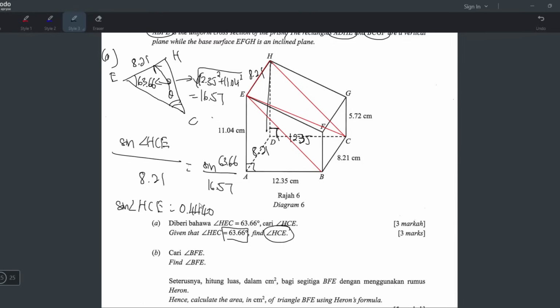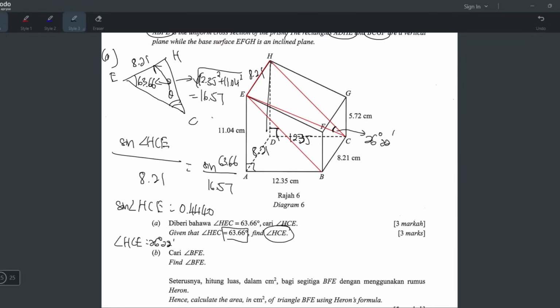But I usually write in degree minute. For angle, I write degree minute. So I'll just write 26 degree, 22 minutes. So my HCE is 26 degree, 22 minutes. Where is that? Here, right? So that means this is 26 degree, 22 minutes. Let's do the arrow like that. Okay, so I'm done with this.